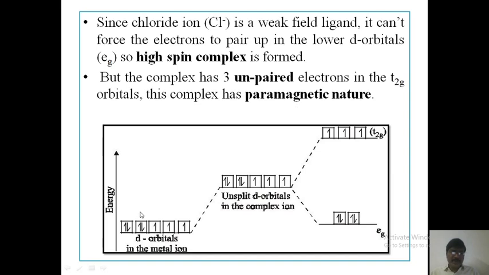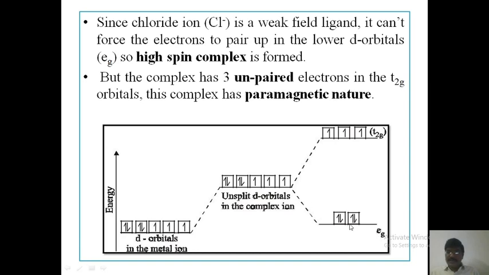So it is easy to express the given complex as either paramagnetic or diamagnetic in nature. First write the energy level, next write the degenerate orbitals, next their configuration, next promoted to excited state, that means unsplit d orbitals of the complex ion, next splitting of d orbitals into two energy levels, T2g orbitals and Eg orbitals.